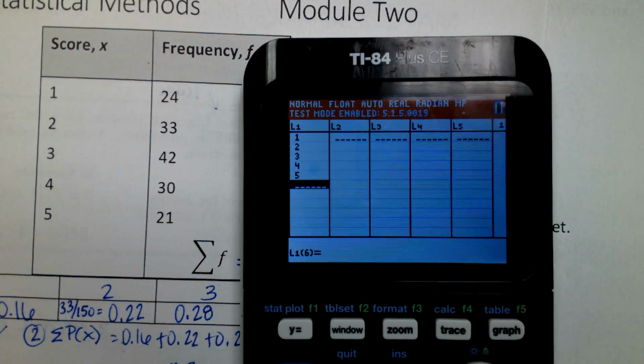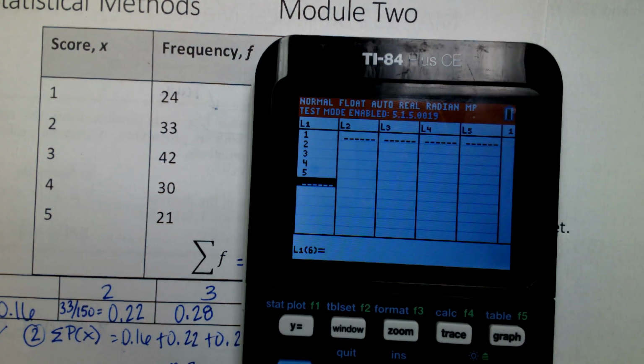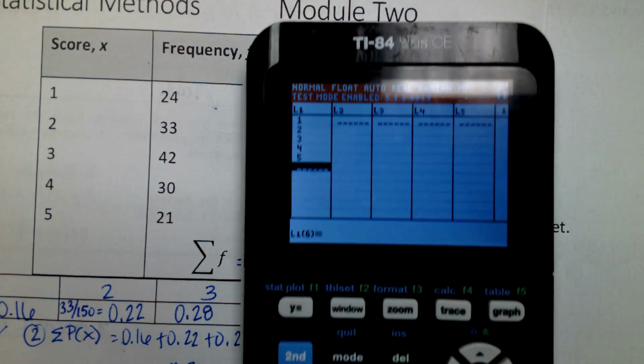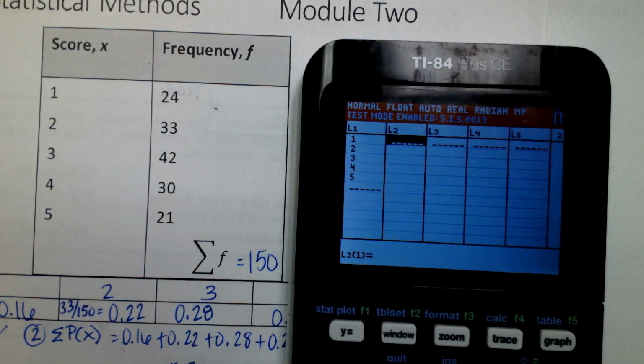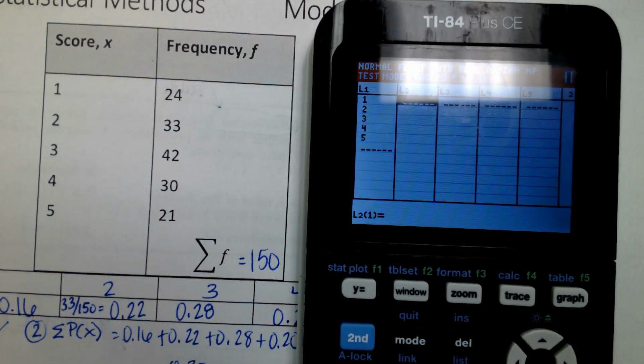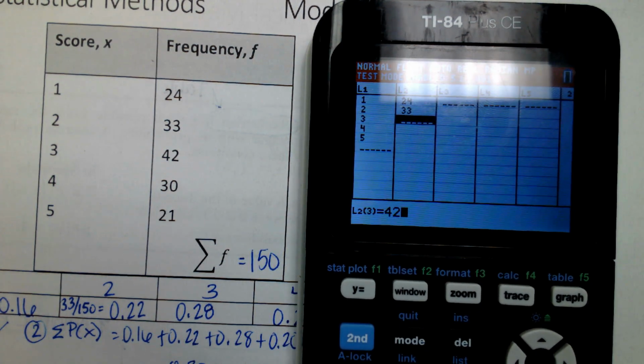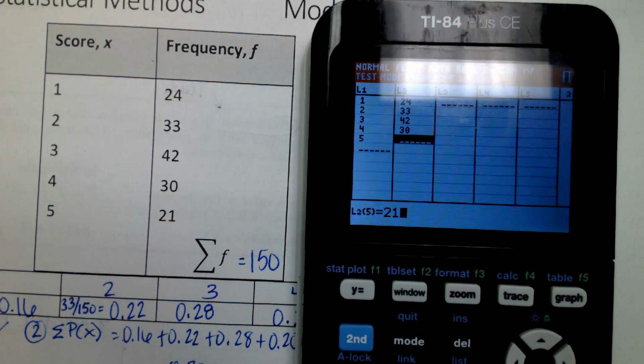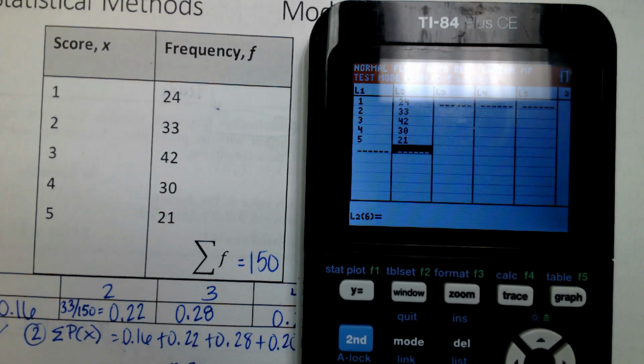Then we're going to hit that right arrow, go over to L2, and put my frequencies in. Here's the tricky part. This is one of the reasons why I don't do this very often, because I don't like to mess this up.